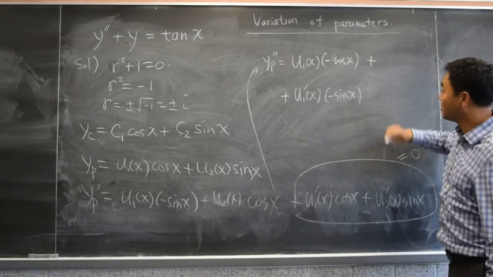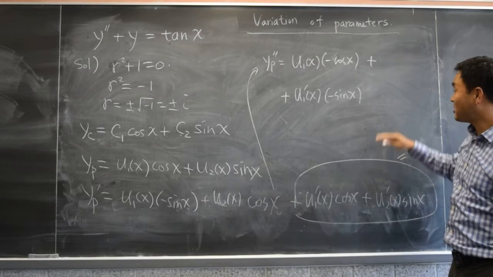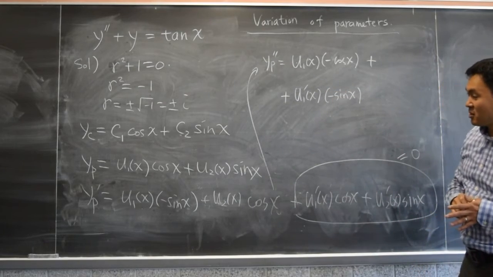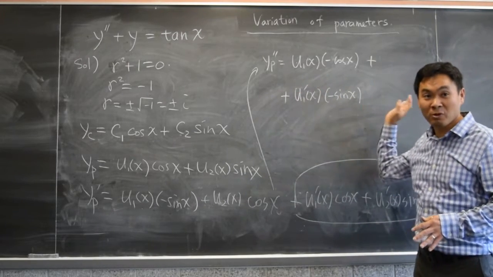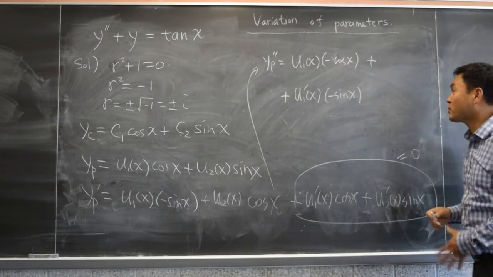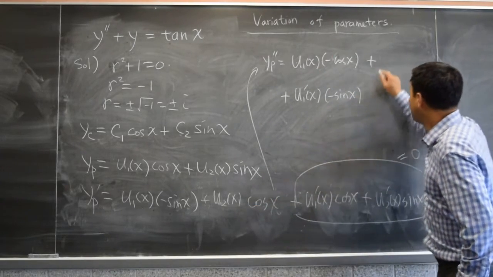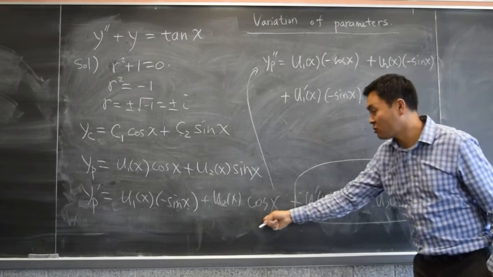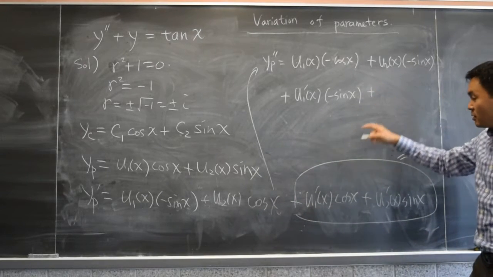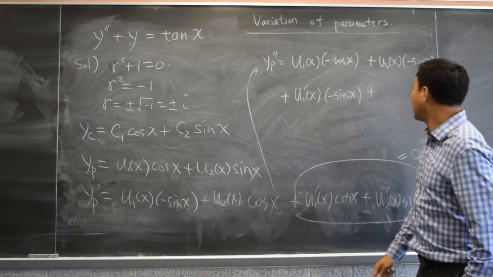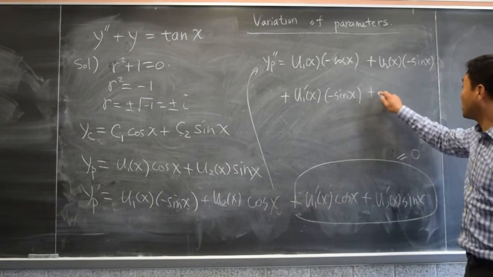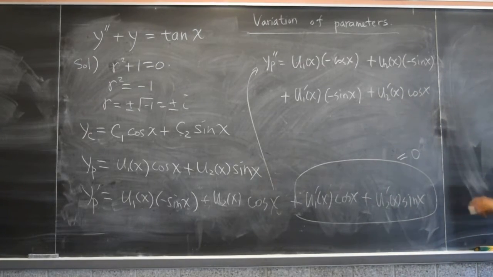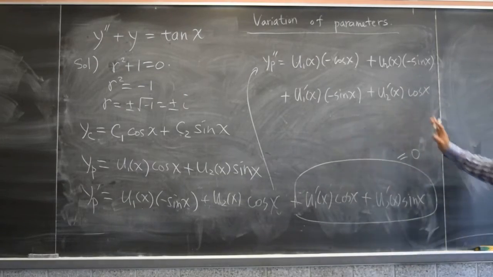It's always a good idea to split the product rule into 2 parts, and distinguish the ones with u prime and the ones without the u prime. Then u2(x) negative sine x, because if you differentiate cosine, you get negative sine. And then if you differentiate u2 by itself, you get u2 prime of x cosine x. Okay, now we plug everything into the left side.